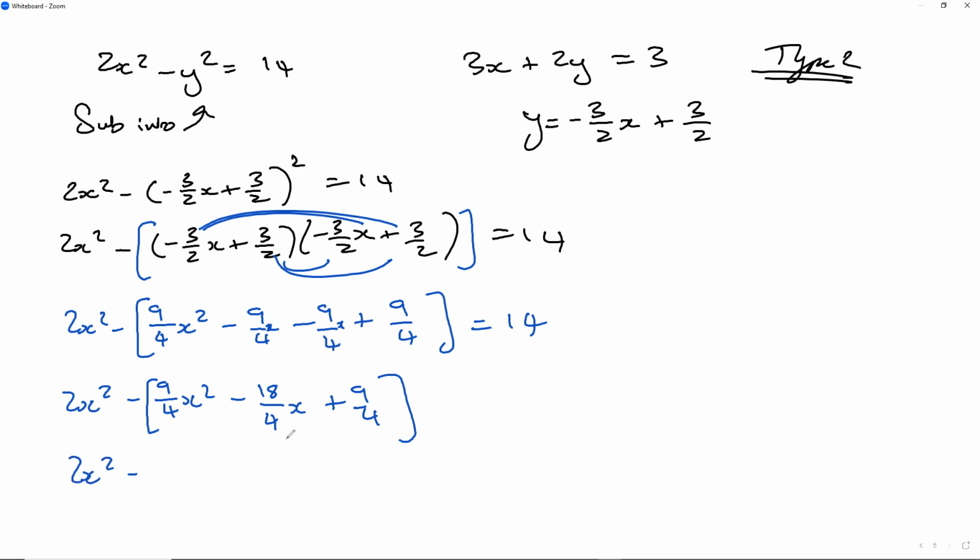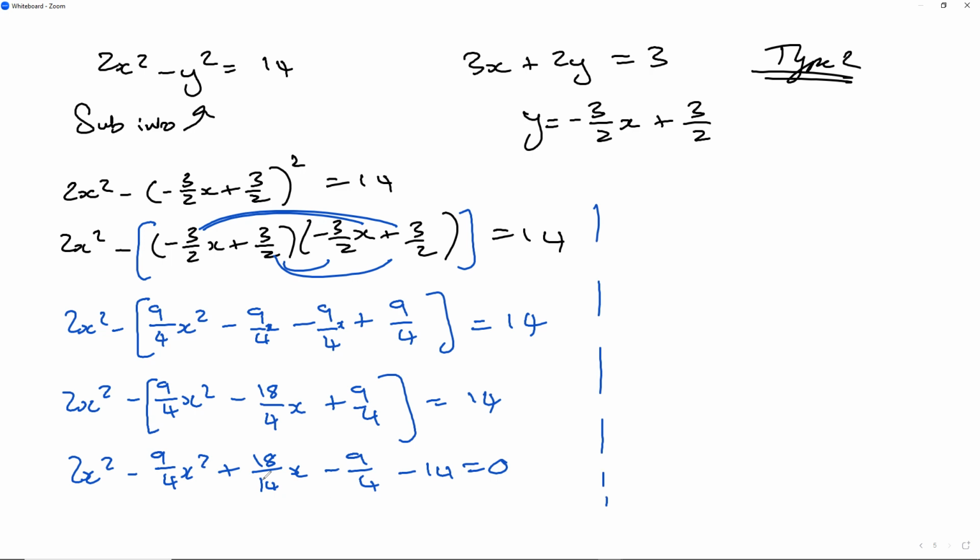Don't worry about how many lines you do this, make sure it's accurate. So the more you write to simplify, the less errors you can make. If you do too much in your mind, it can slip up. So writing like this, it's okay. 18 over 4 x minus 9 over 4. You want to secure the correct answer at the end.